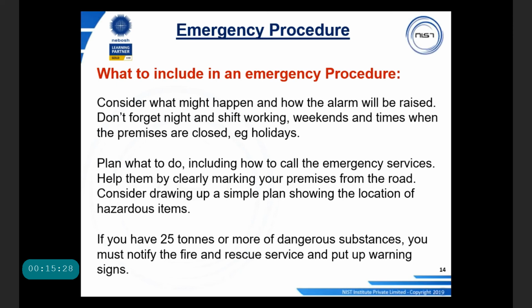And recently in one country, another blast also happened. I exactly don't know the country name. Some gas leakage or something happened.